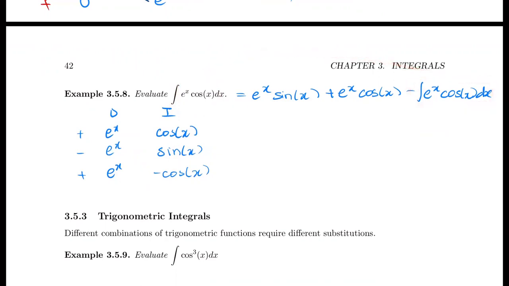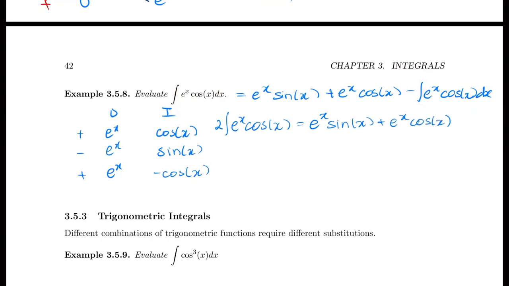So what we would have is 2 times the integral of e^x cos of x equal to e to the power of x sine of x plus e to the power of x cos of x.